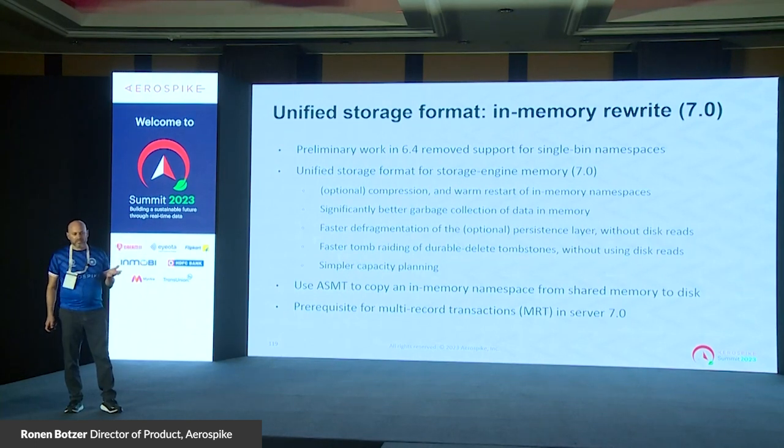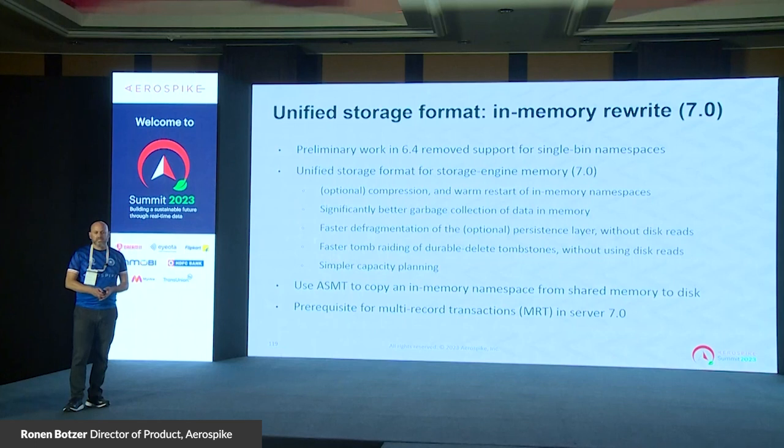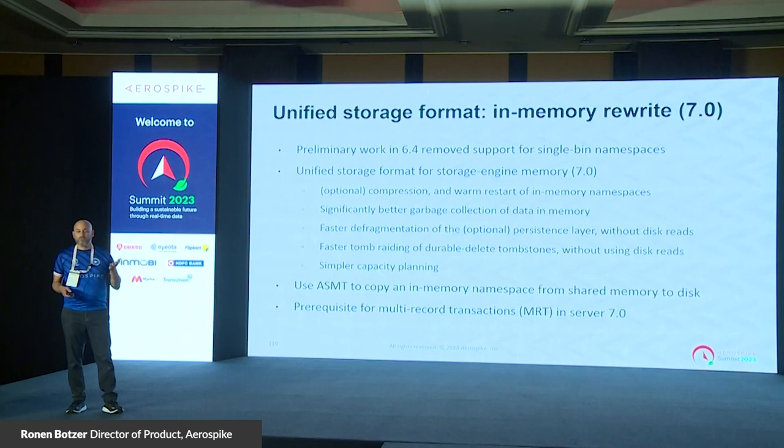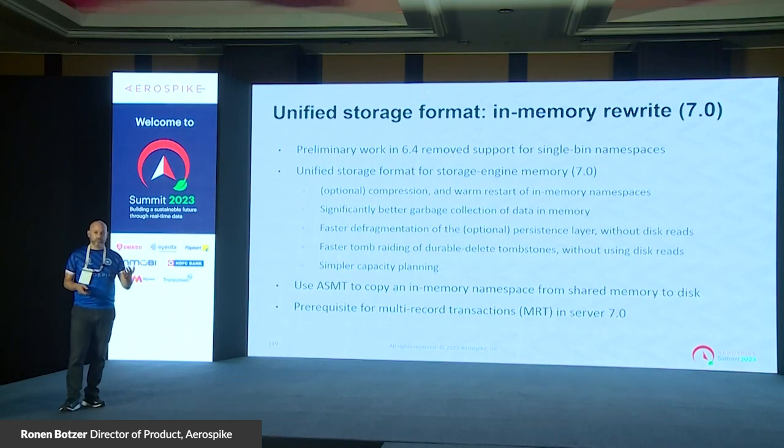One of the things a uniform format gives us is that we can take the configuration that you have for data on SSD and apply it the same way to data in memory now. So if you want to use compression, you'll be able to do compression on your in-memory data. If you already have compression turned on with in-memory persisted to disk, you already know what your compression ratio is.